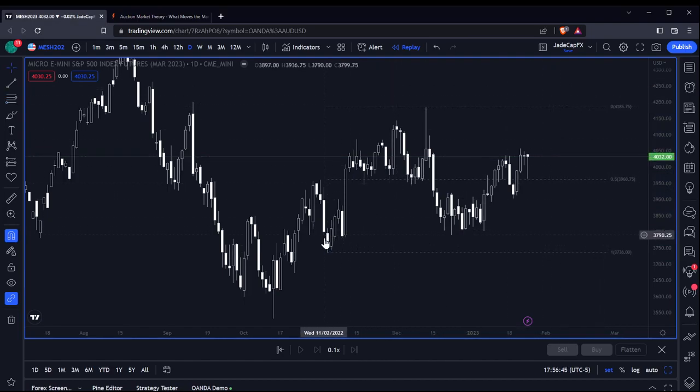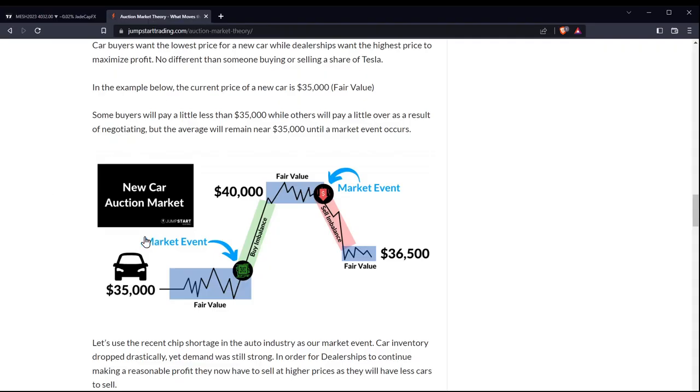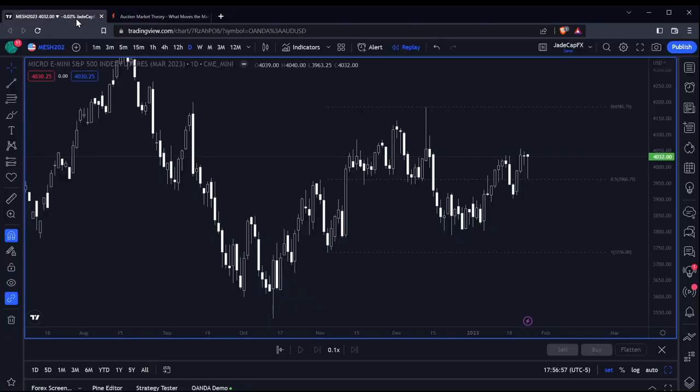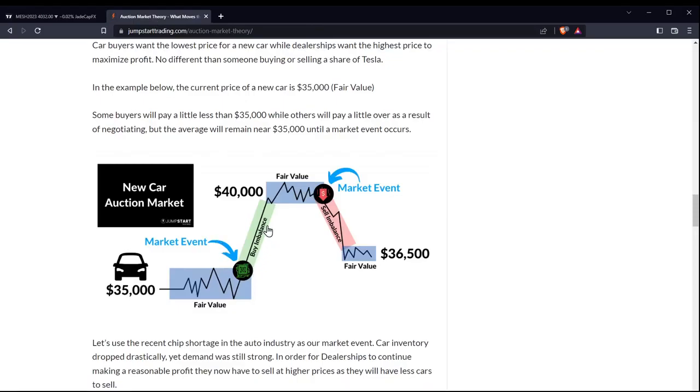So we have this low and then this high. There might be buyers down here and they're looking to offload above the highs. If we go back to the auction market theory, we had fair value, a market event, fair value, trading between a range, market event. So we have buy side imbalance, sell side imbalance. Buy imbalance, sell imbalance.